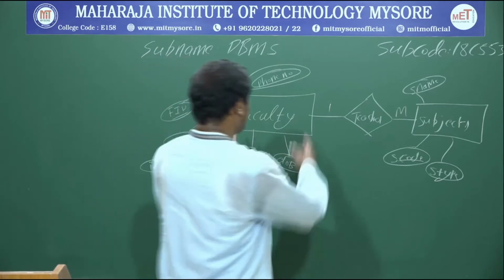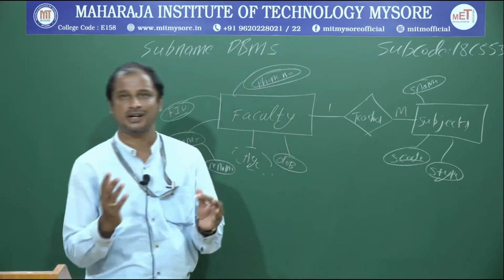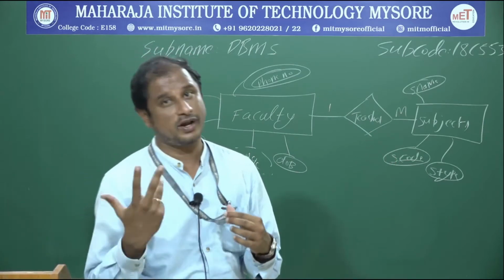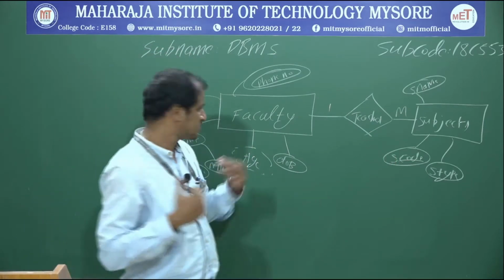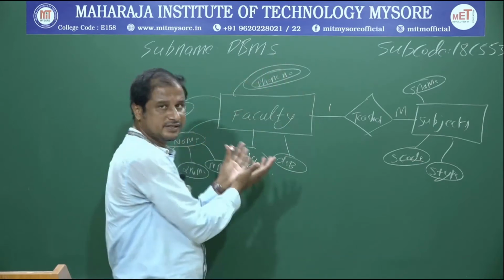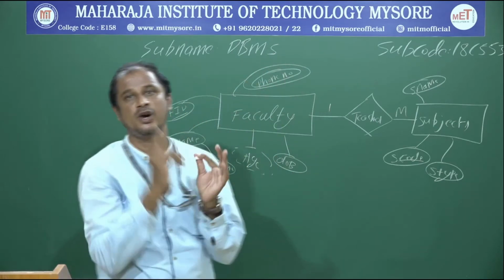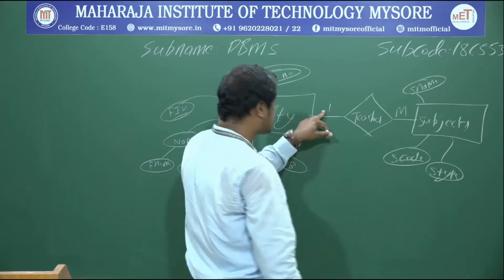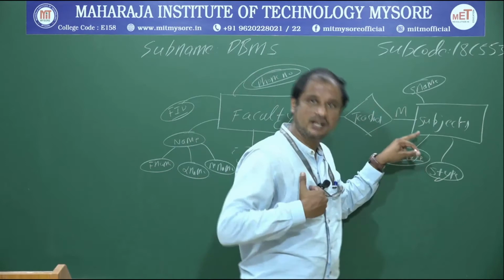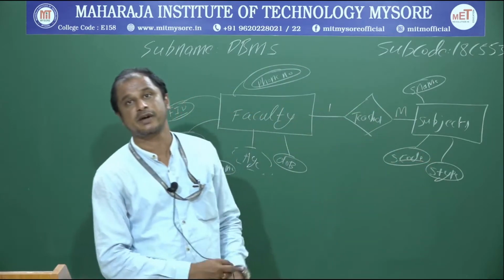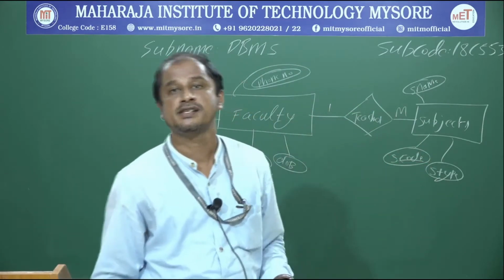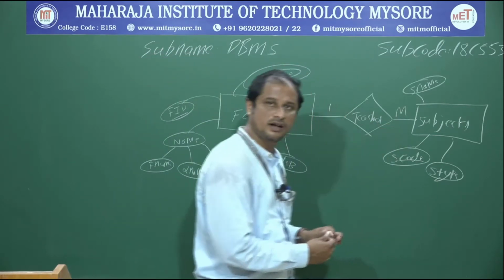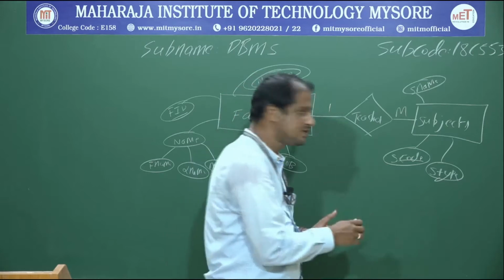So here we have faculties. For example, if I consider a department, in the department we have so many faculties, but my consideration is only one faculty, that is me. So here we have a set of faculties, but I am going for only one faculty. That is one faculty, myself, teaching many subjects. I'm teaching many subjects, covering most of the subjects.